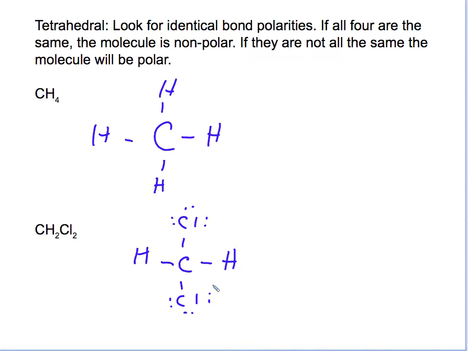Okay, so now with tetrahedral, you just look for identical bond polarities, or the easy way is just to look at the molecules. If all 4 things surrounding the central atom are identical, that molecule will be nonpolar. If all 4 things surrounding the middle atom are not identical, it's most likely going to be polar. So you're just looking at that. That's kind of the easy way to do it.